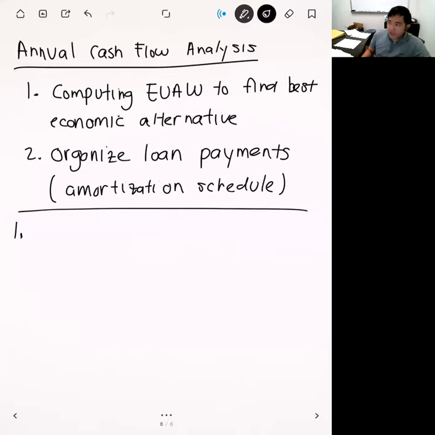And so when you're performing economic comparisons, annual cash flow is just another technique that you can use. Okay.